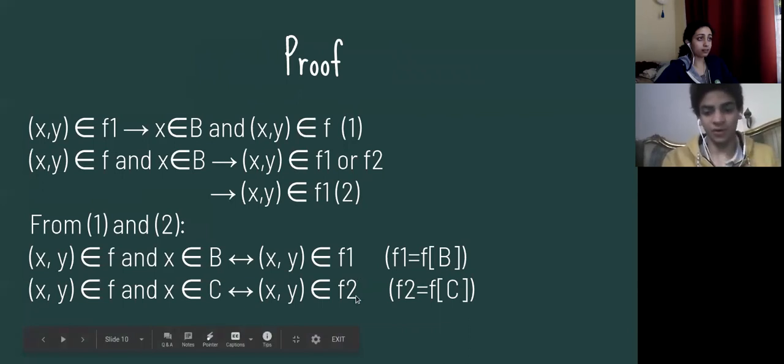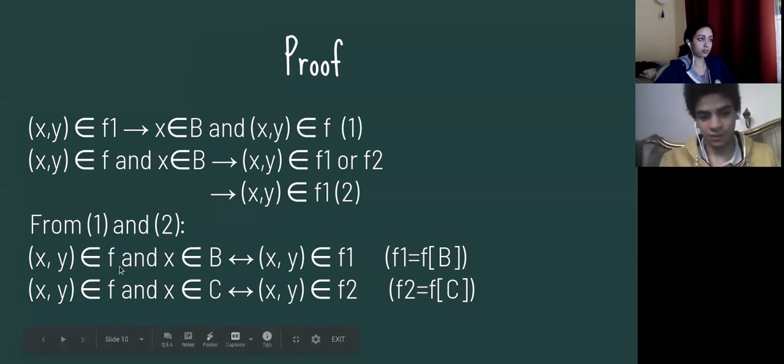The same thing can be argued for c and f2. So if you replace every b here with c and every f1 with f2, you will get the same result, but for f2 and c instead of f1 and b. So this second part is just you will repeat the same argument, but for f2 and c instead of f1 and b, and you reach the exact same result.